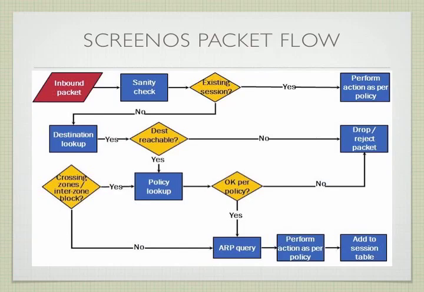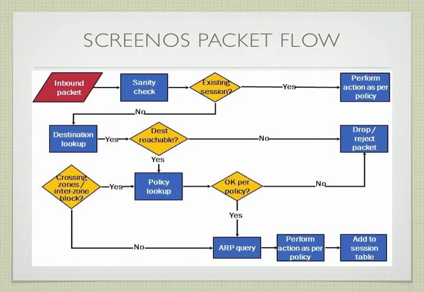The process for doing that is to first look up the destination address. The destination address in the routing tables is going to tell you whether or not it is even reachable by this device.